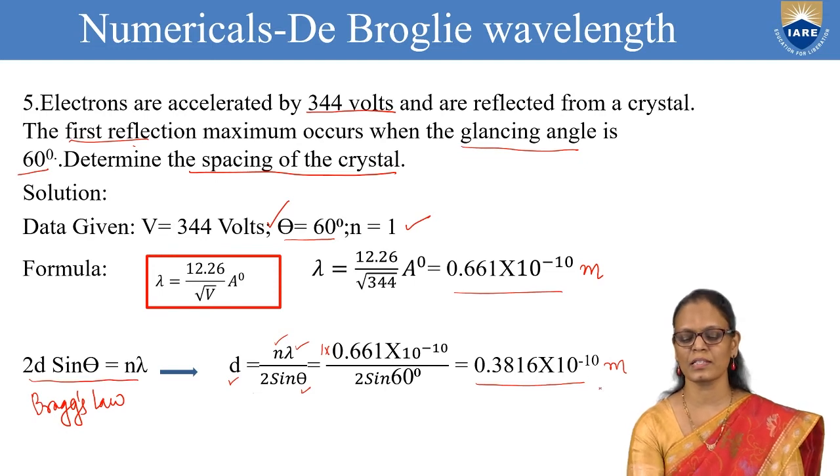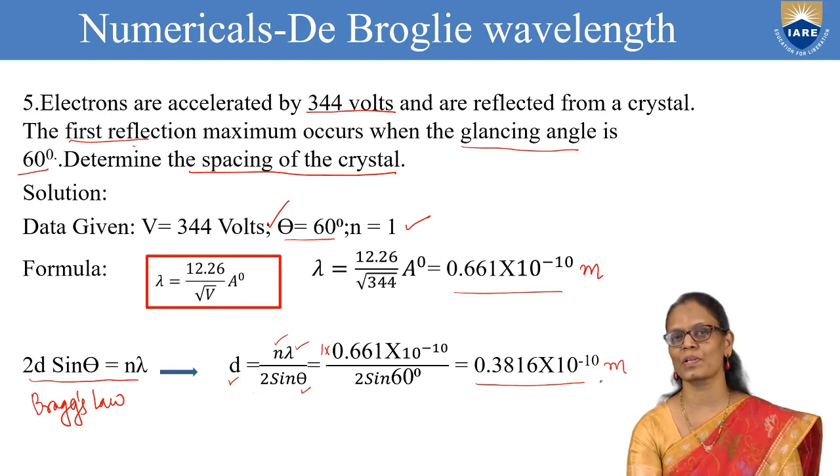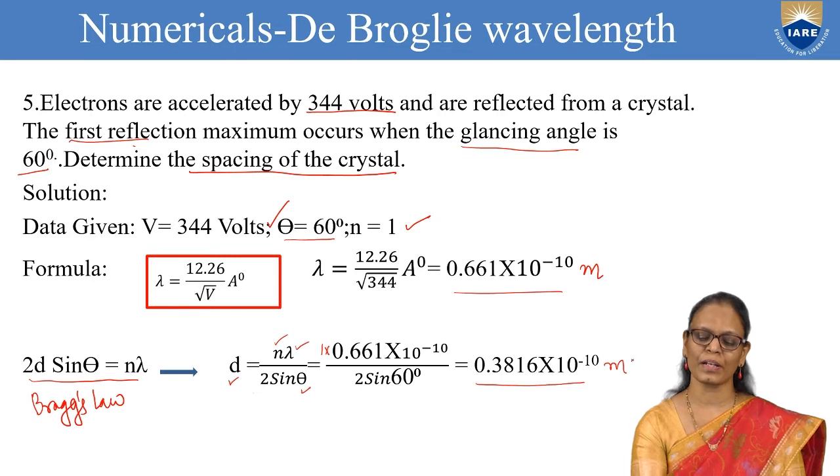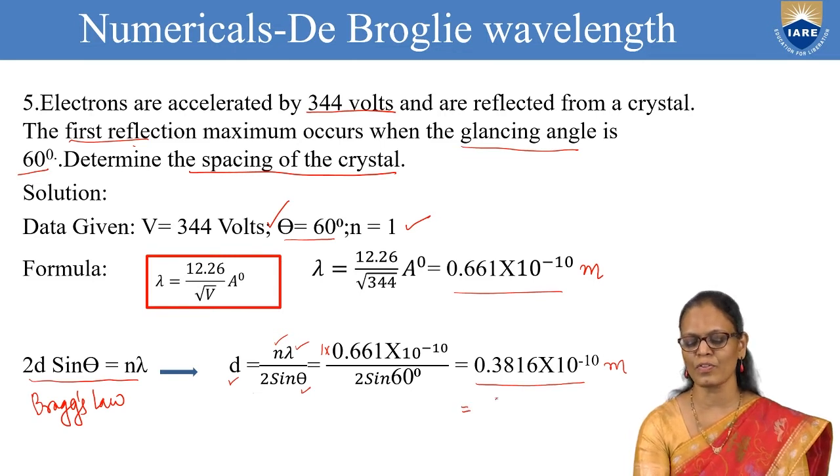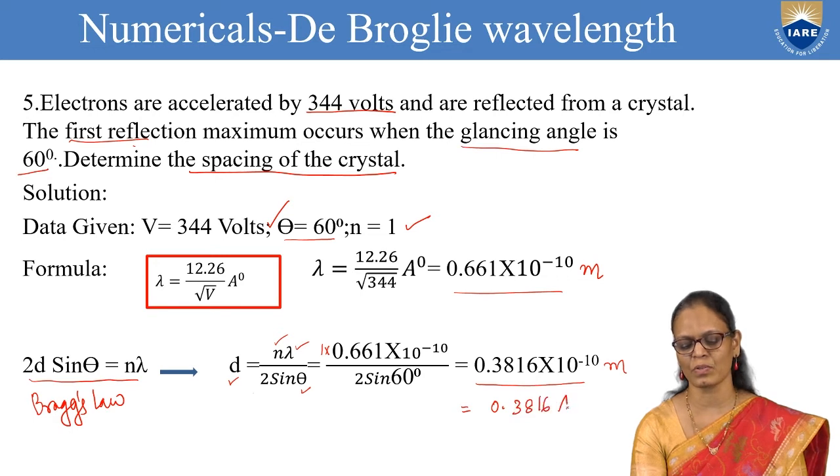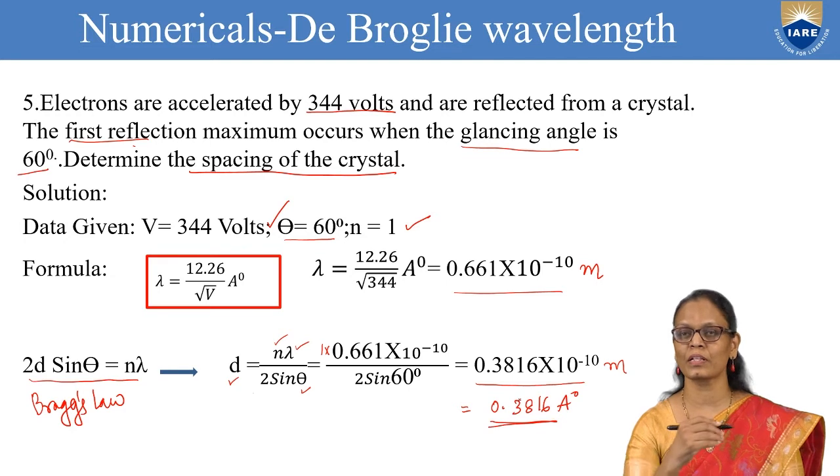So everything is in the SI system, so we are going to express this also in SI. But if you have to write it in angstrom also, you can write it as 0.3816 angstrom. So the spacing between the crystal lattice is 0.3816 angstrom.